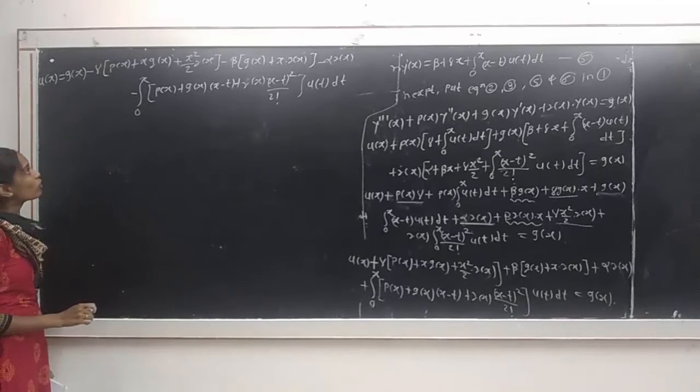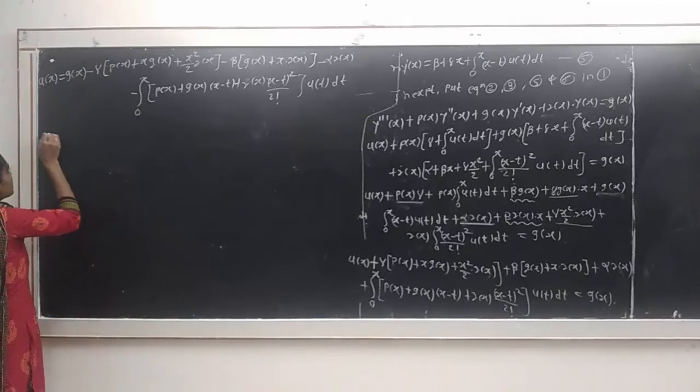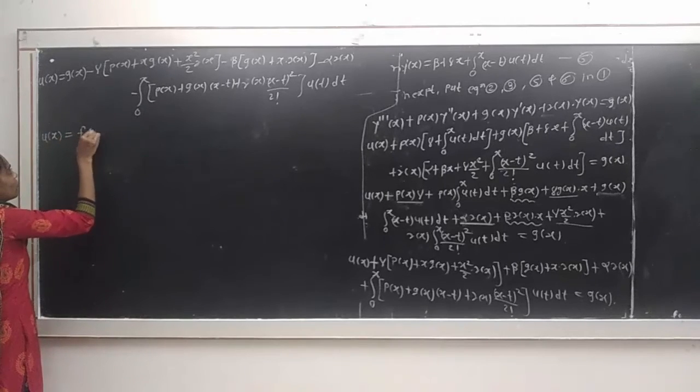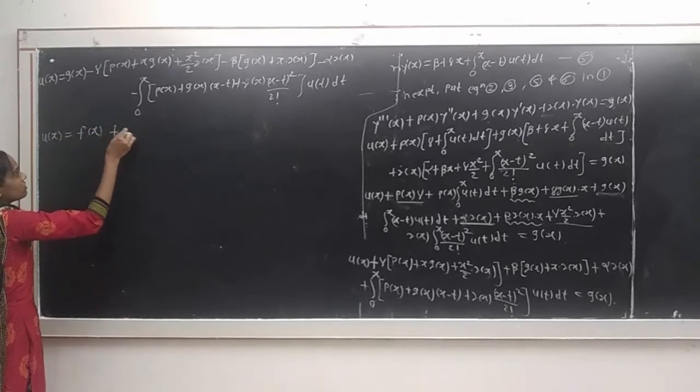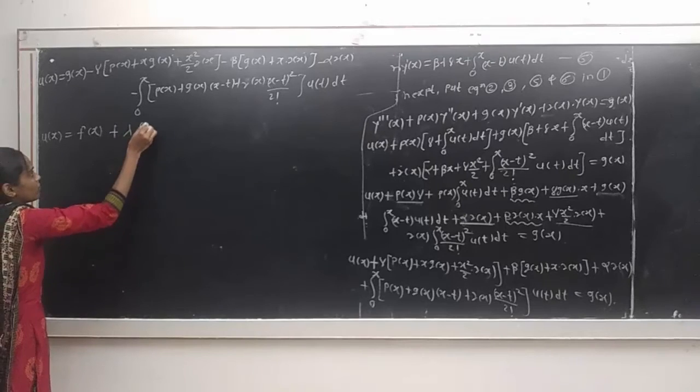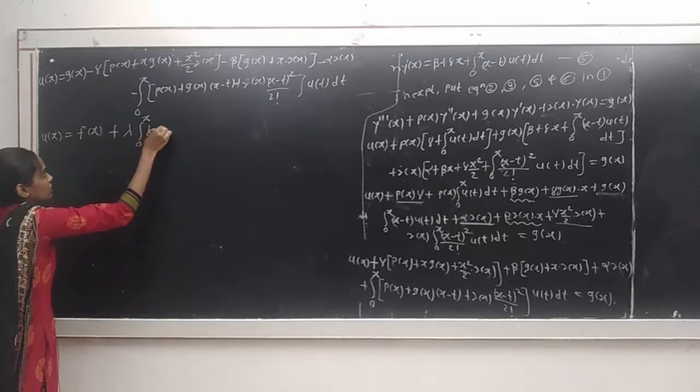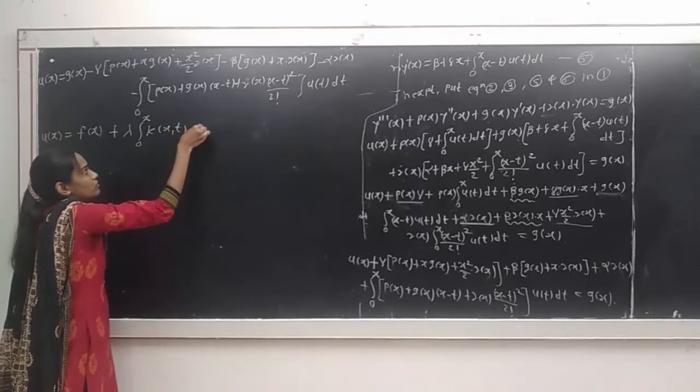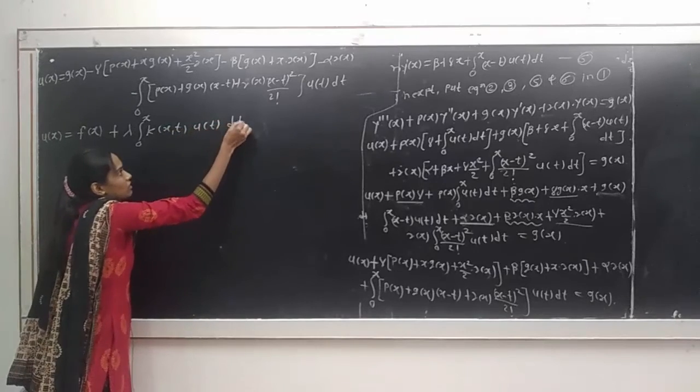This is the Volterra equation, that is we write in standard form u of x is equal to f of x plus lambda integration from 0 to x k of xt into u of t dt.